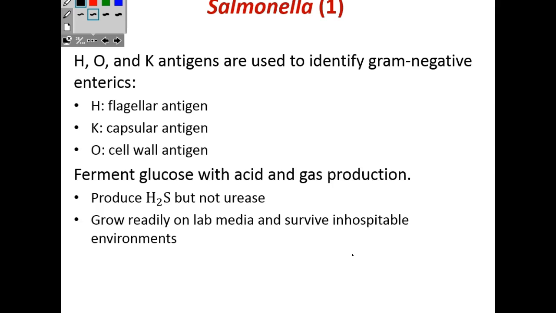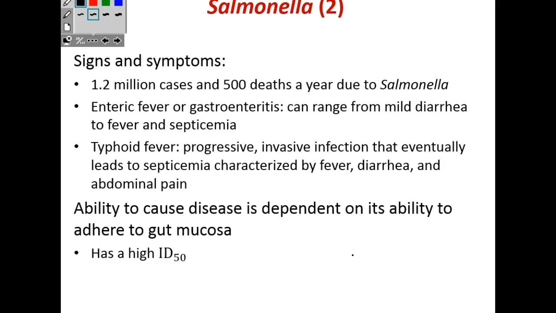It grows readily on lab media and survives inhospitable environments. Signs and symptoms of salmonella. 1.2 million cases and 500 deaths a year due to salmonella. Enteric fever or gastroenteritis can range from mild diarrhea to fever and septicemia.